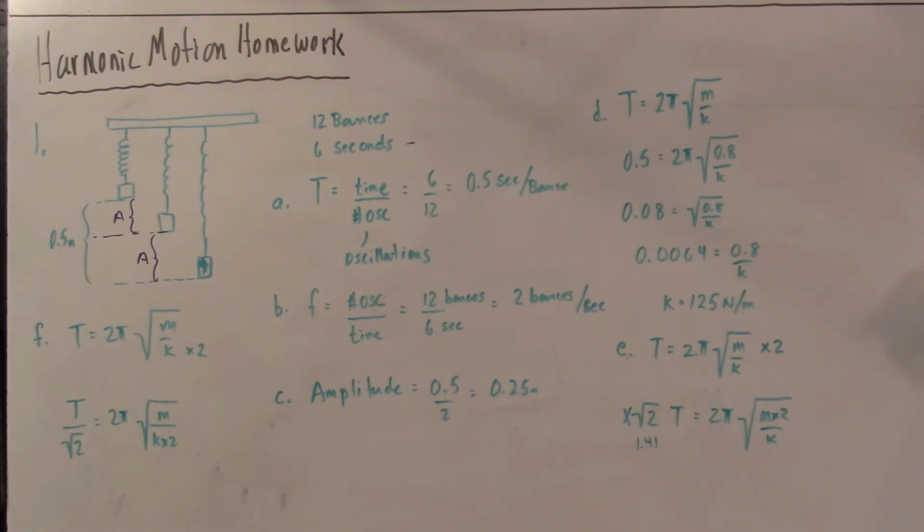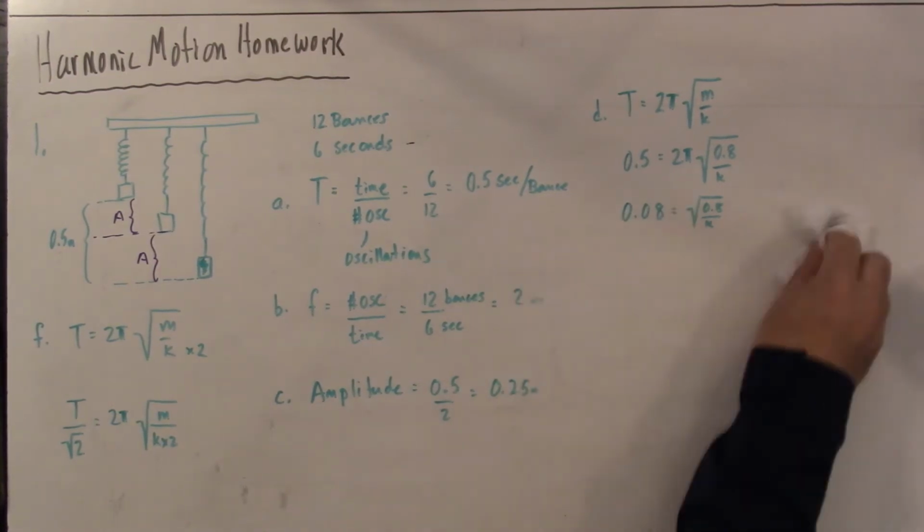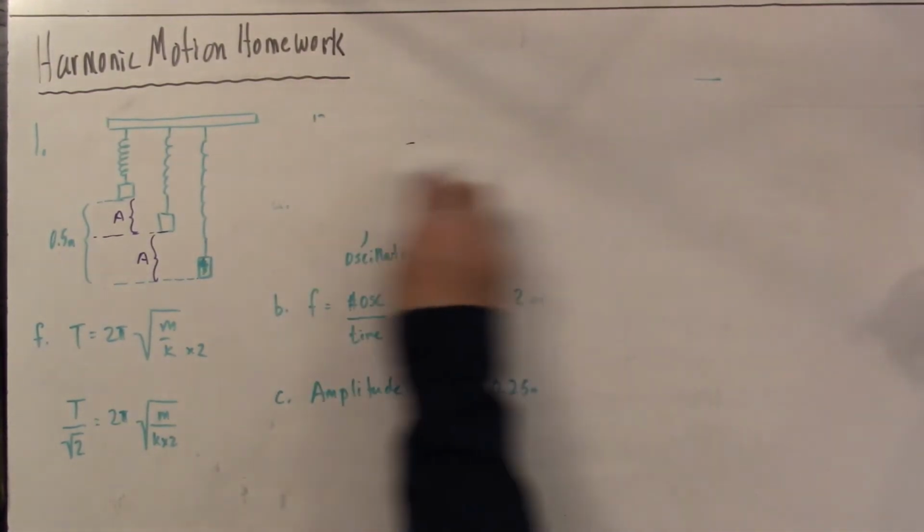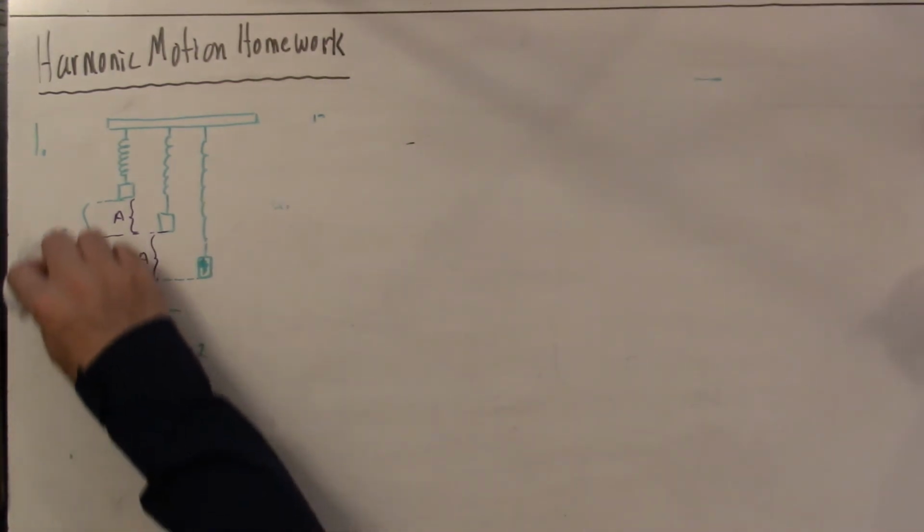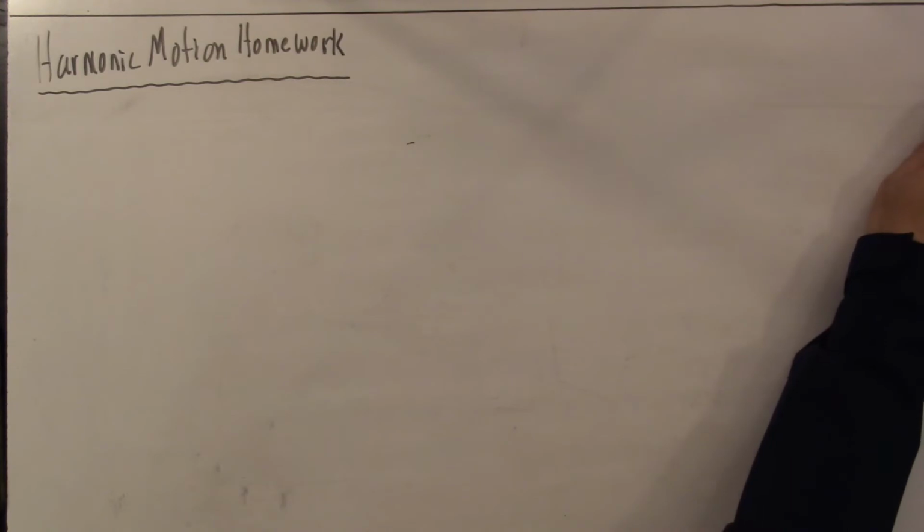All right, that was number 1. That was a lot. Let me reset, and we'll move on to number 2. So number 2 says, underneath the car there are 4 springs that act to cushion the passengers when a car hits a bump.